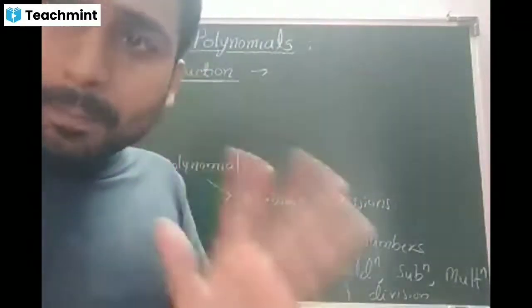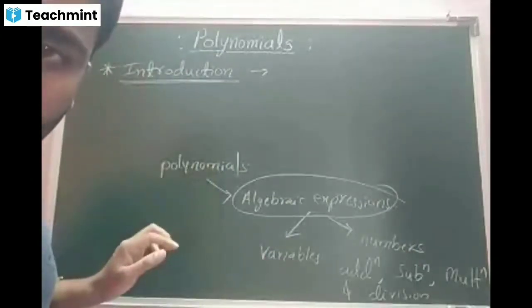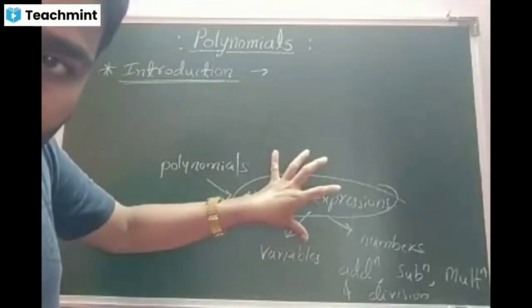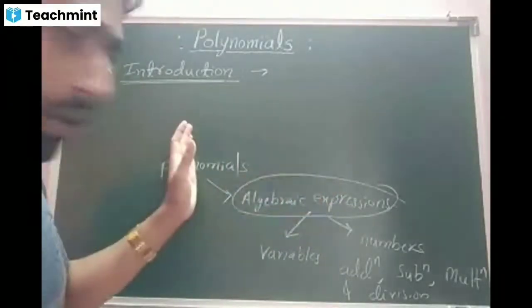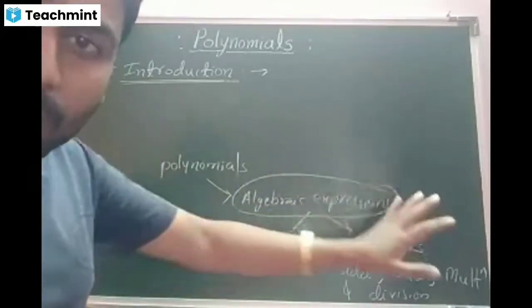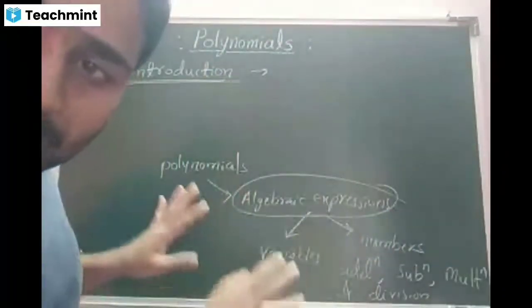But all the algebraic expressions are not polynomials. Only a few of them, many of them will be polynomials, and the rest of them are only algebraic expressions. Is that clear, beta, whatever I said?